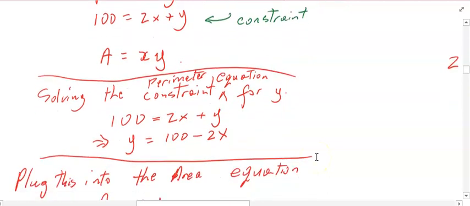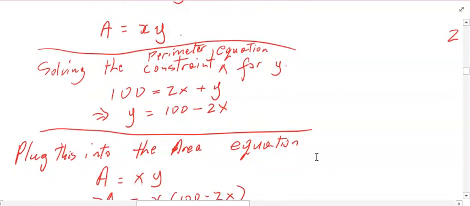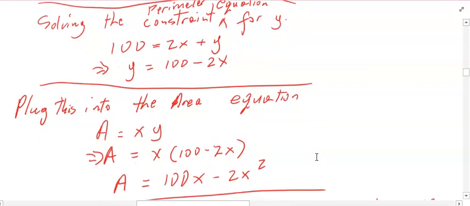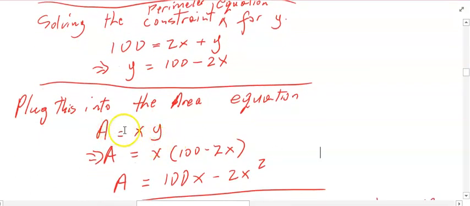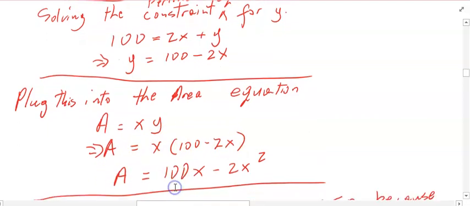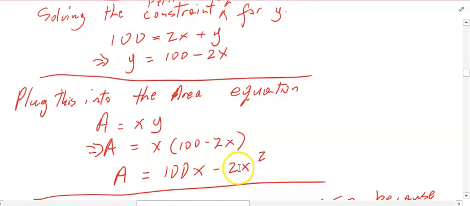We plug this y equals 100 minus 2x into our area equation so that we can have area in terms of one variable only. A equals x times y becomes A is equal to x times 100 minus 2x. So A will be equal to 100x minus 2x squared. So this is the area in terms of our x variable only. We could call that A of x.